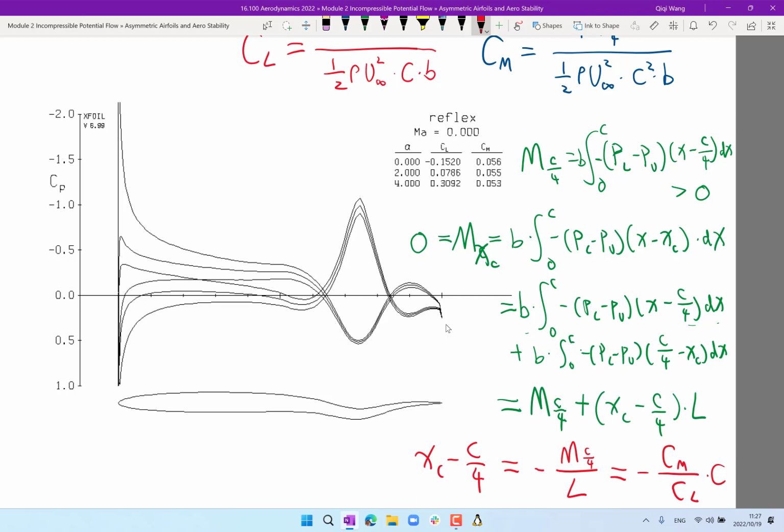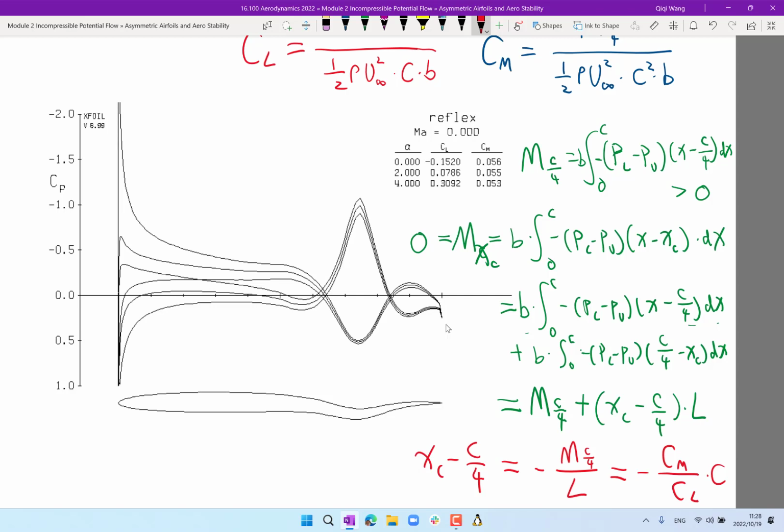Less negative means Xc, although still ahead of the quarter chord, is going to shift towards the quarter chord. That's a stable situation because the center of lift shifts downstream as you increase angle of attack.